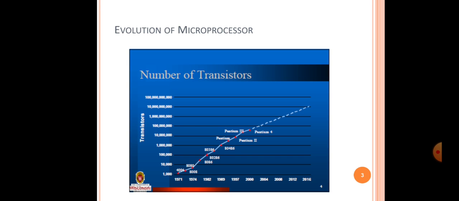After some days, more interesting things came to the PC. Now we are using Pentium or Core i3, i5, i7 processors, but we are going to learn the older version, the basics of the 8086 microprocessor.